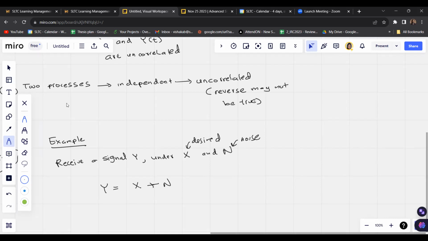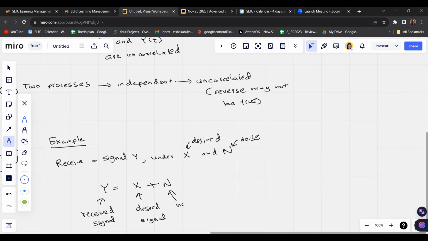which means that x is the desired signal, and once this desired signal is received at a certain point, the received signal is given by y.